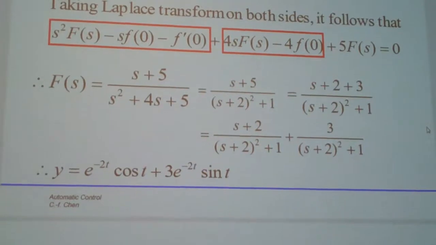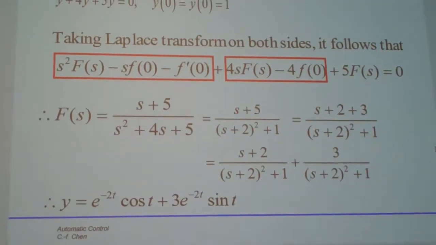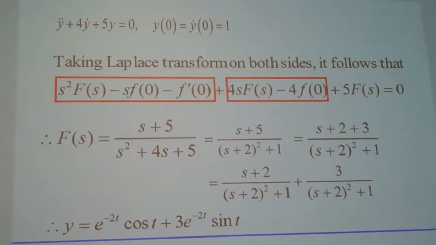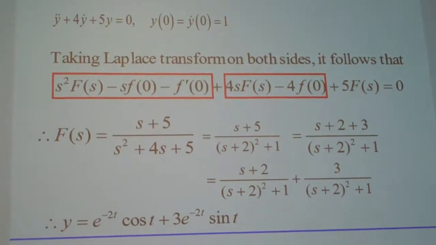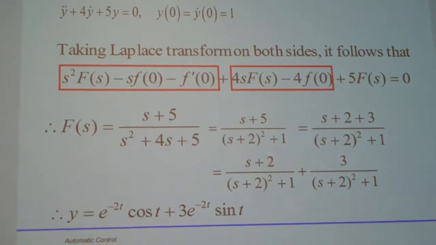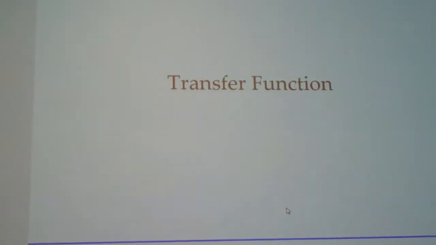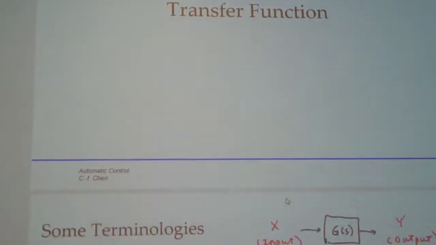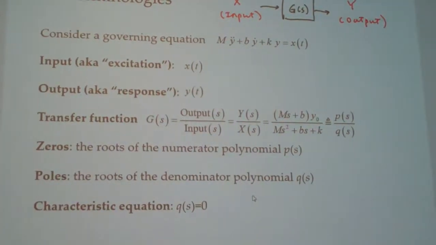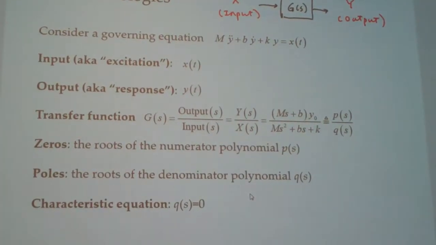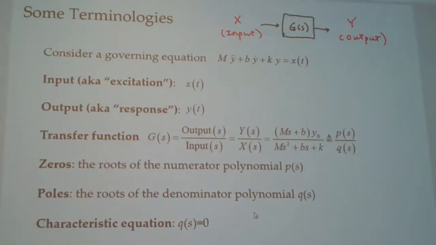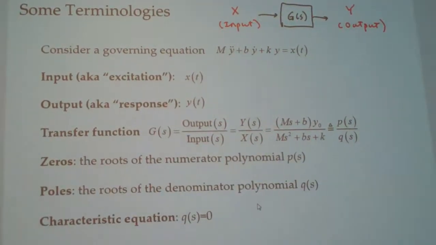Basically here, for our exercise, we are concerned with the response of the system. So for example, here we want to know y of t. So you can do the calculation here. Okay. Transfer functions: we have slightly touched on the definition of the transfer function, but here, for the first time, we can go over the formal definition.